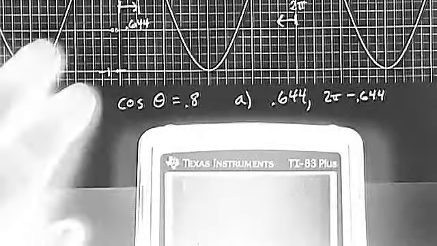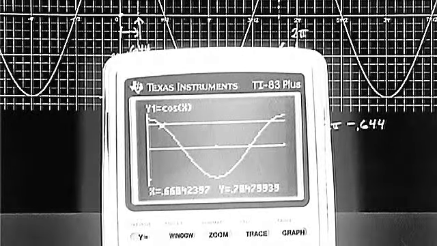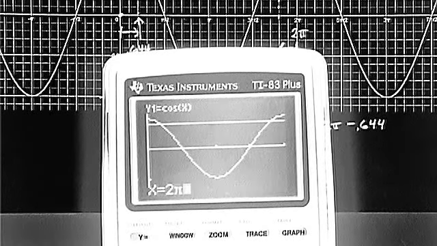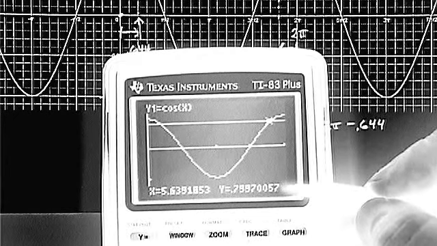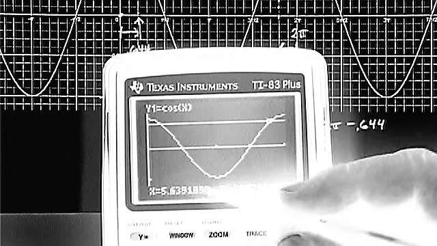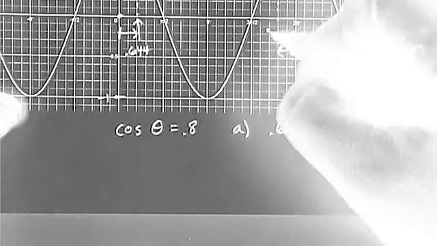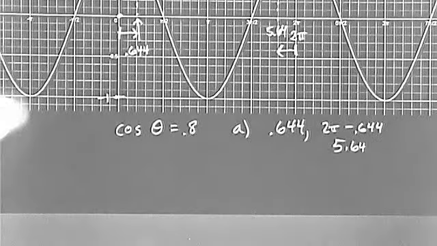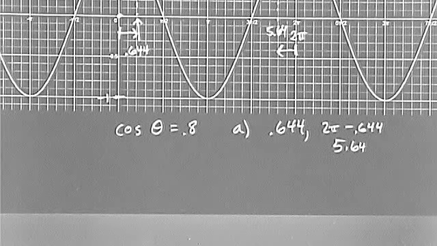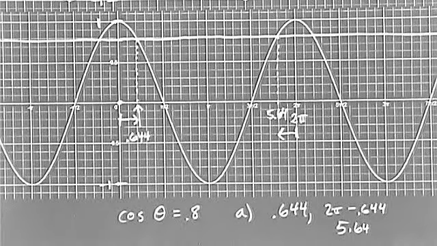In fact, I'll do that on the graph so you can see that if I use the trace button and I type 2 pi minus 0.644, it will land right there, and the y value will be doggone close to 0.8. The value is approximately 5.64. These are the two specific solutions. 5.64 has to be less than 6.28, right? Because that's 2 pi. So here are the two specific solutions.